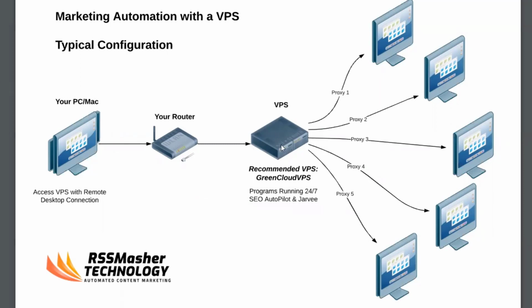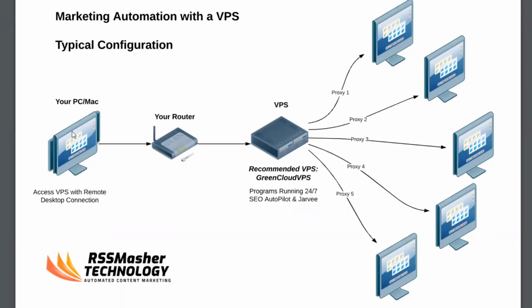We have a VPS, and VPS stands for Virtual Private Server, and it's a server somewhere out in the cloud, and I think mine is actually in California. There are many different VPS services, and as we go through the call today, we're going to recommend different services for the different applications.